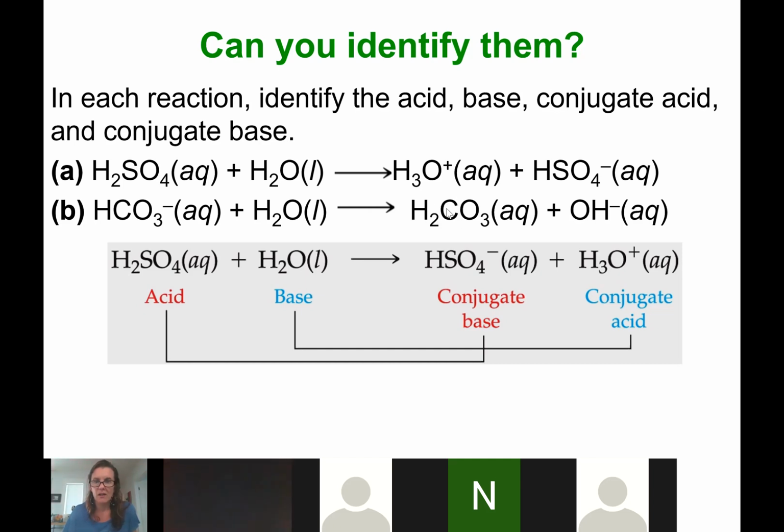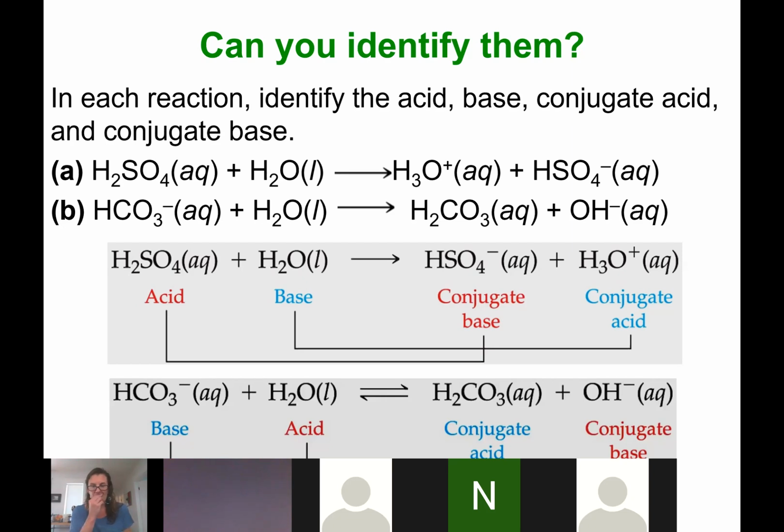And because it's on the product side, I'm going to call it the conjugate acid. So the bicarbonate is functioning as a base. That means the water has to be functioning as an acid. And remember, an acid is a proton donor. And this has one less H, so this is the conjugate base. There it is.